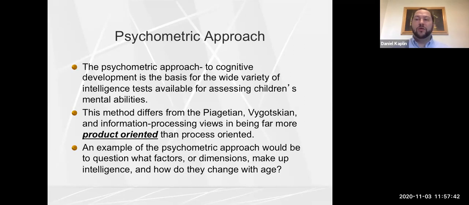So IQ tests quantify intelligence. In the psychometric approach, where we're measuring and putting numbers to cognitive abilities, is different than what we've seen in the last couple slideshows, which were much more process-oriented. The psychometric approach is far more product-oriented.